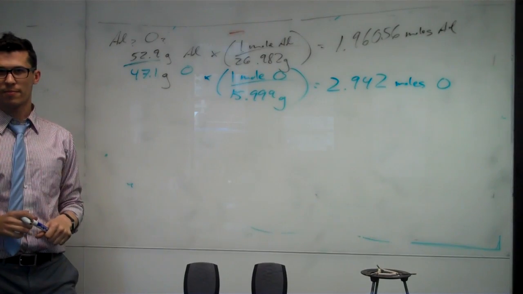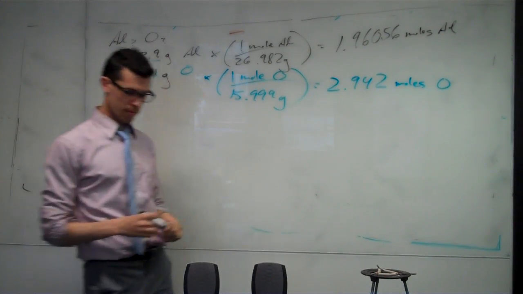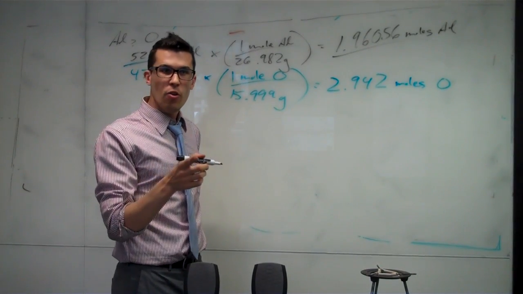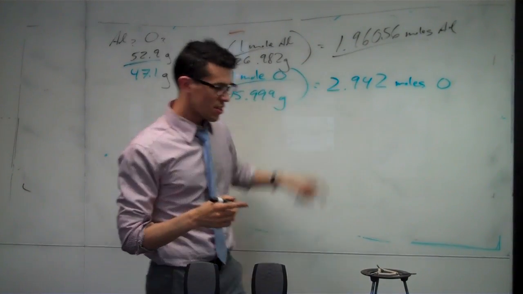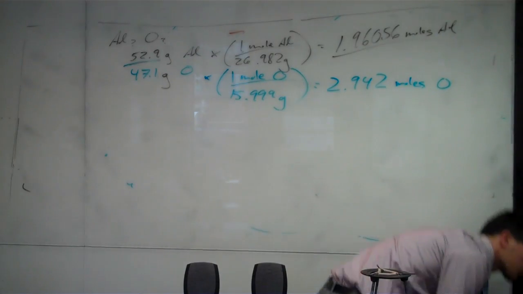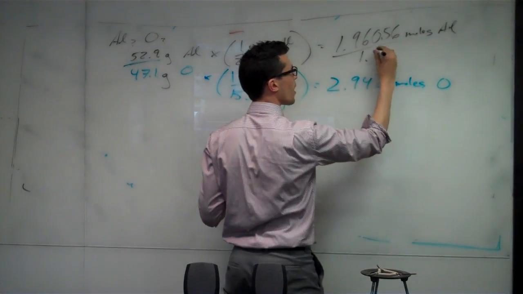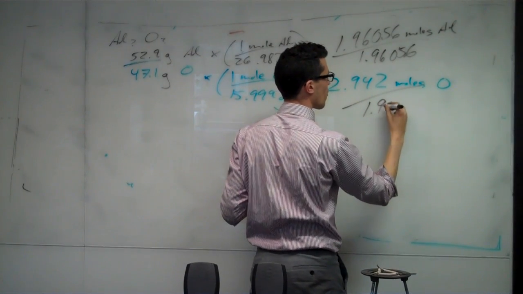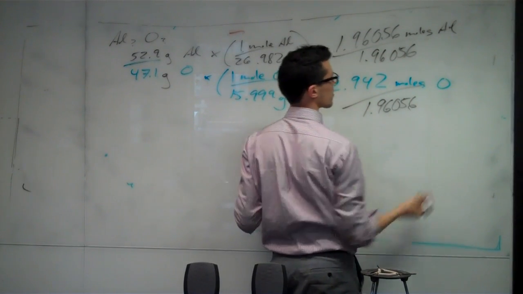Which one's smaller? The black or the blue? Black. Good. So now, if we're going to relate this to this and see what the ratio is between these moles, we simply divide by the lowest amount of moles. So this is going to be divided by 1.96056.